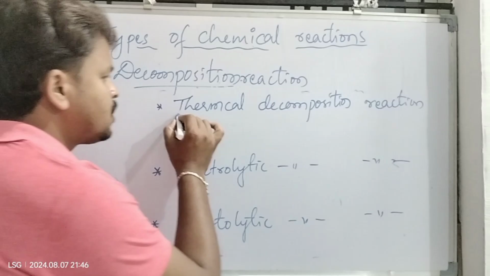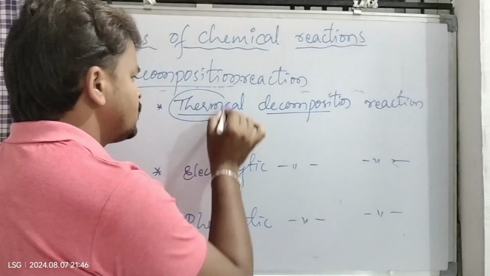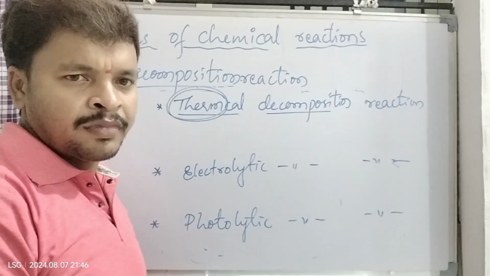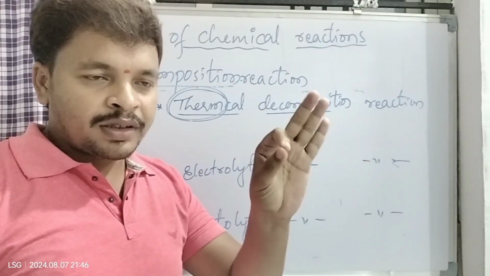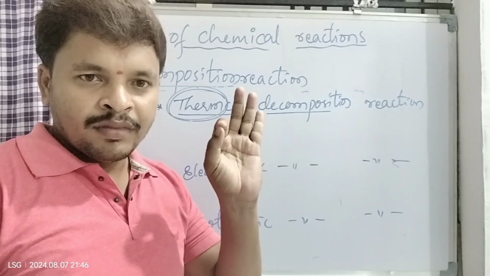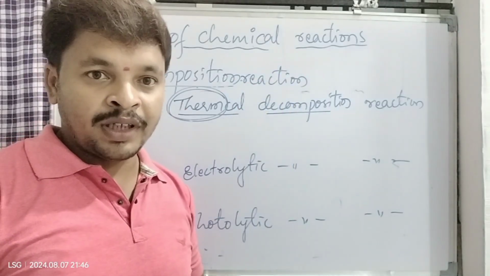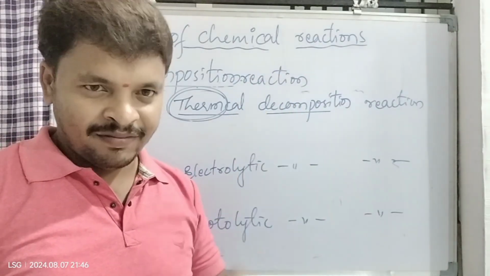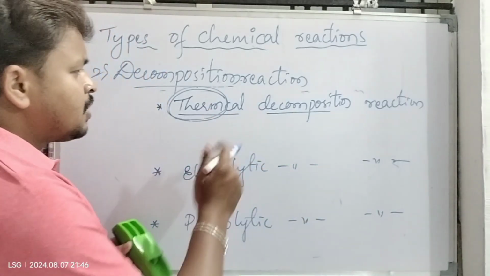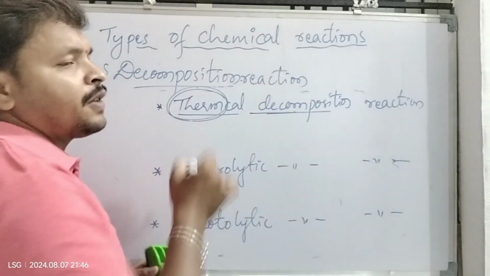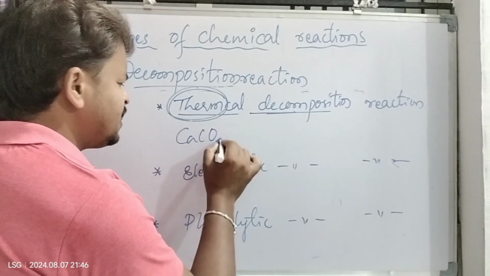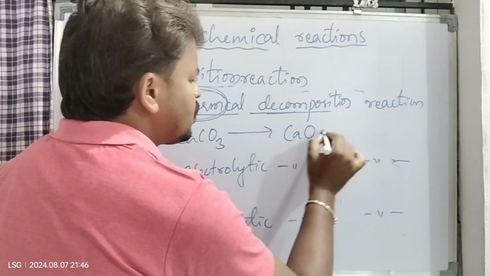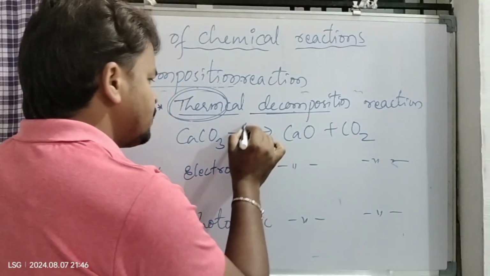What is the first one? Thermal decomposition. Therm, the word itself says that. Therm, you might have heard this word: thermometer, thermal scanner, and thermos flask. Therm means heat. Thermal decomposition is a type of decomposition reaction in which a single reactant breaks down into two or more substances by heat.